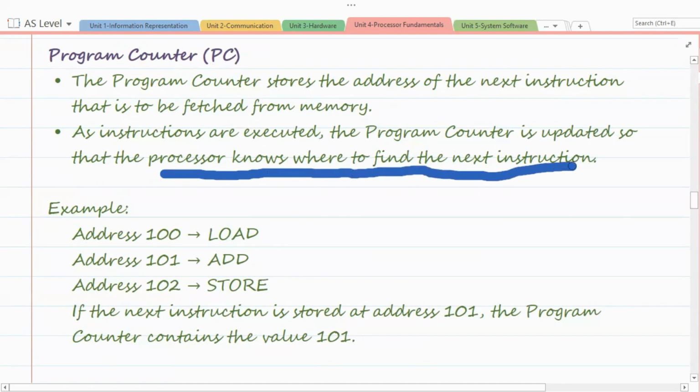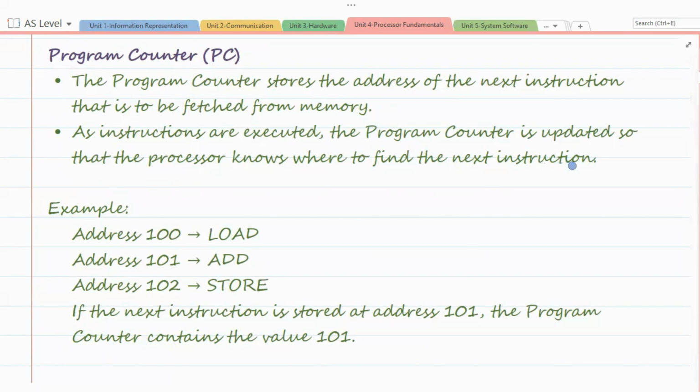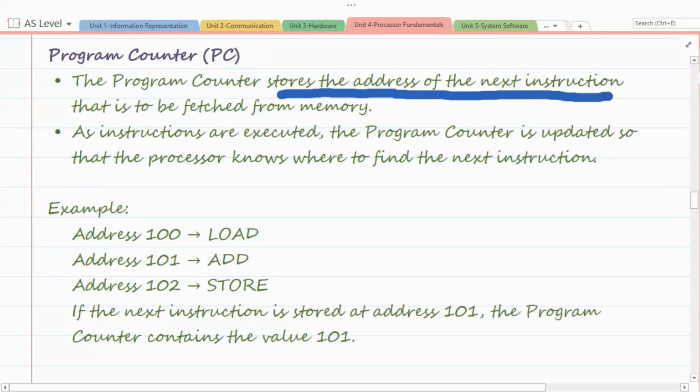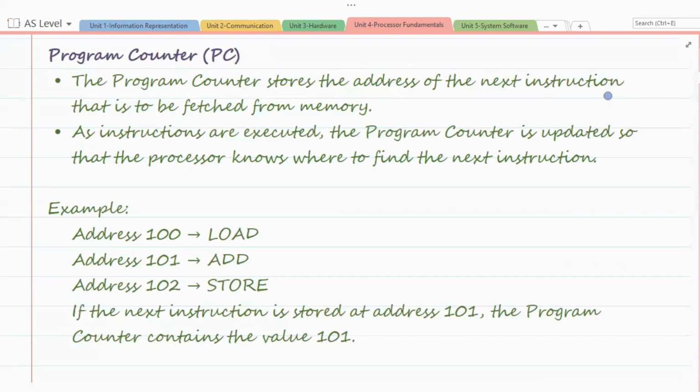So the program counter's role is very, very important in the fetch, decode, execute cycle. We will learn about the fetch, decode, execute cycle in my upcoming videos. However, as of now, just understand that the program counter stores the address of the next instruction that is to be fetched from the memory. Address of the next instruction.